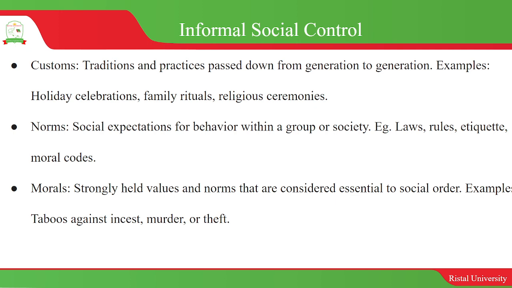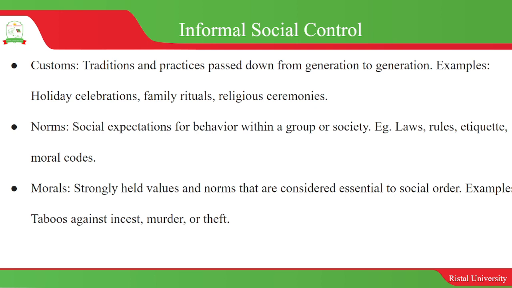For example, how you celebrate birthdays, holidays, family rituals, religious ceremonies. You can have families where, if someone passes on, every year they celebrate, or they have some practices that they do after someone has passed on.